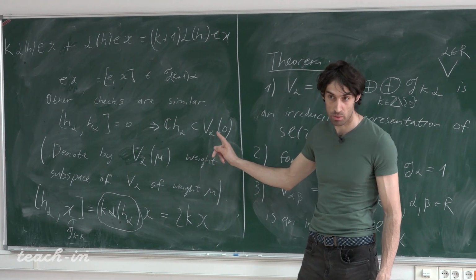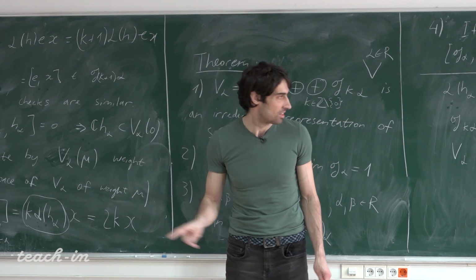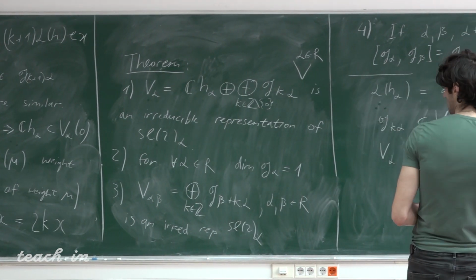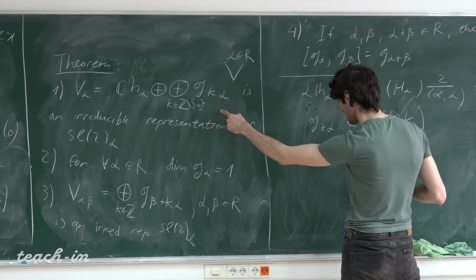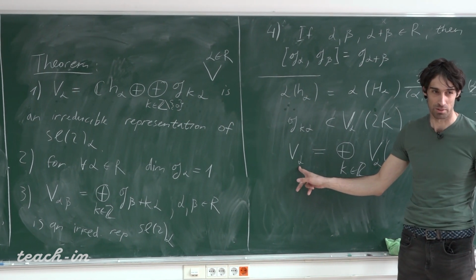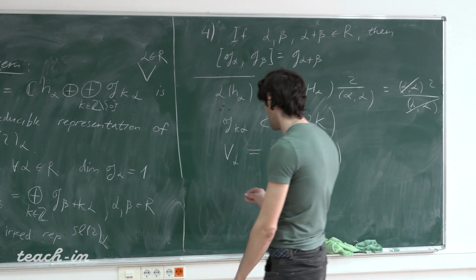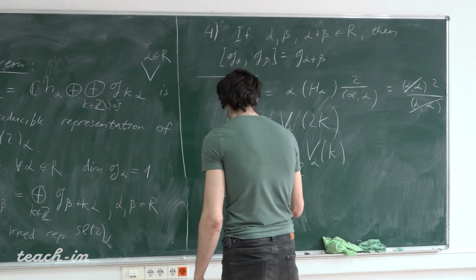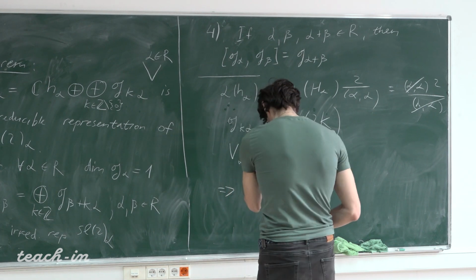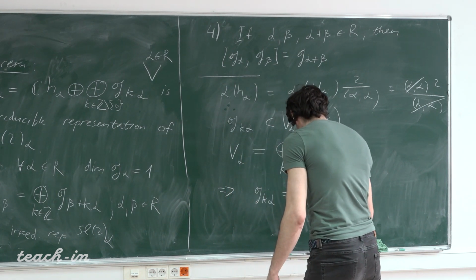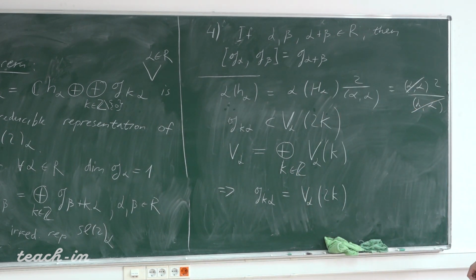So suppose at least one of these inclusions is proper. But then, by these two decompositions, it means that V alpha is a proper subset of itself, so it cannot happen. Therefore, g k alpha is exactly the weight subspace of V alpha of weight 2k.